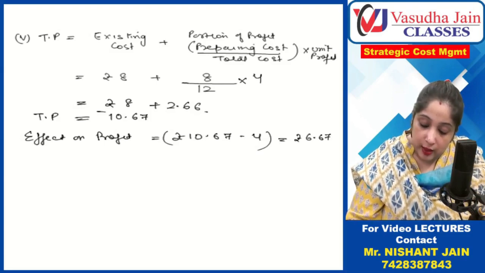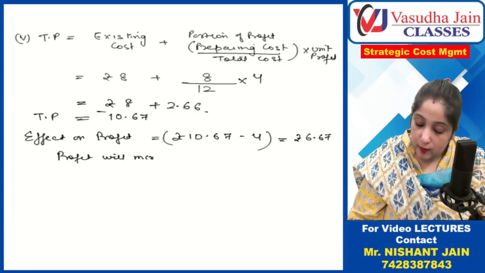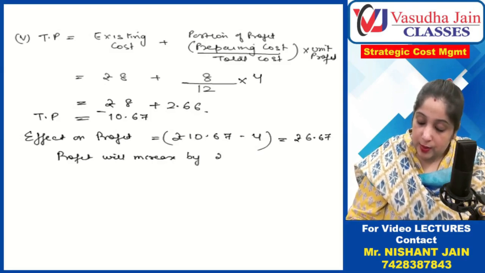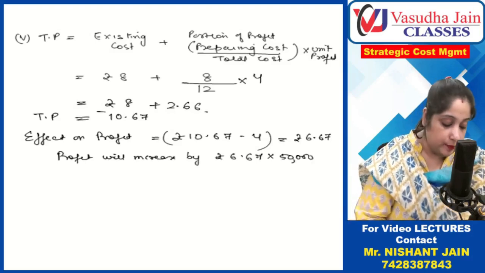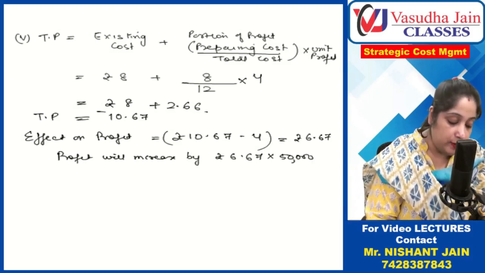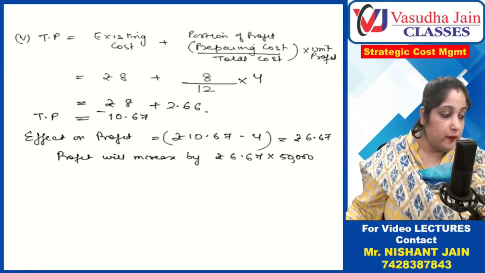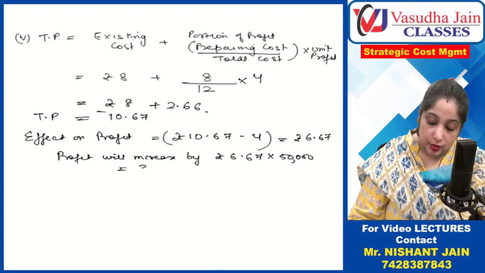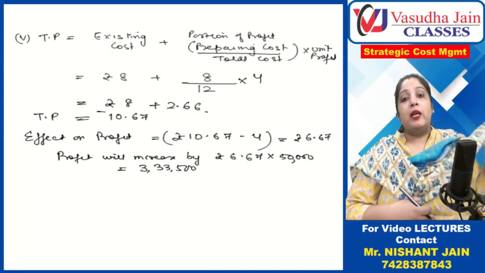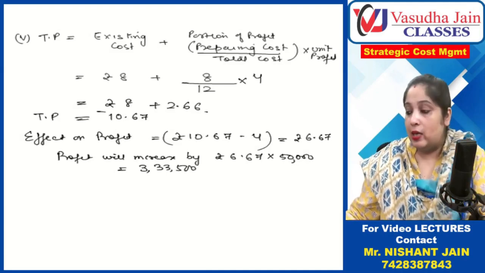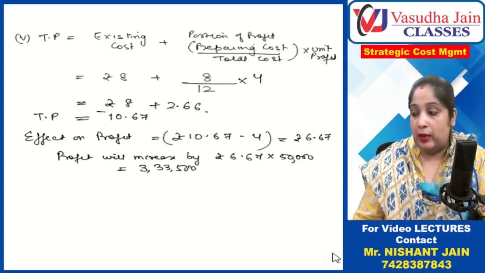So the profit will increase by rupees 6.67 into 50,000 units, so you get 3,33,500 rupees. So this will be the effect on profit. Simple English, you just have to read the English and interpret it mathematically.